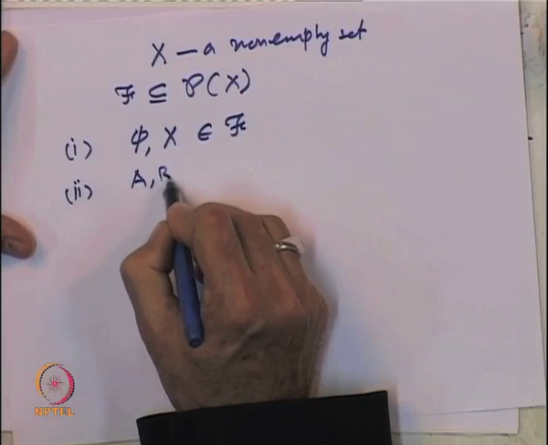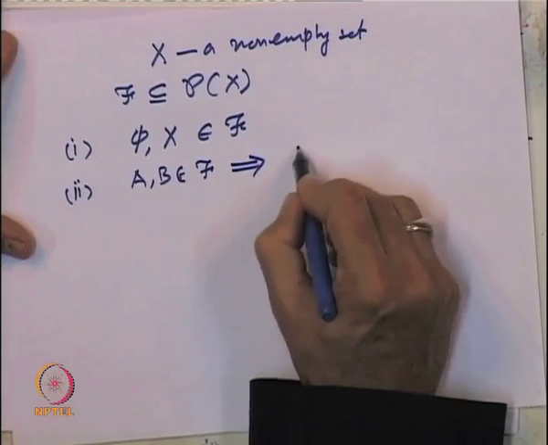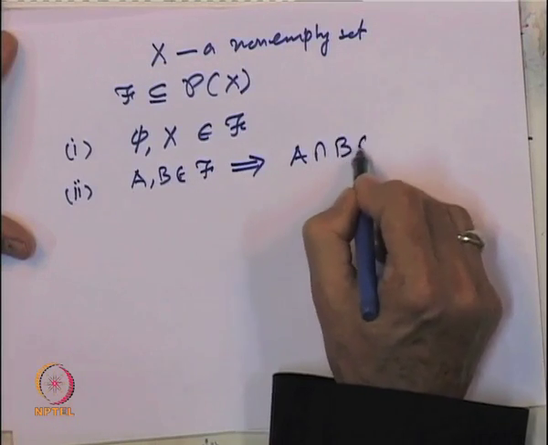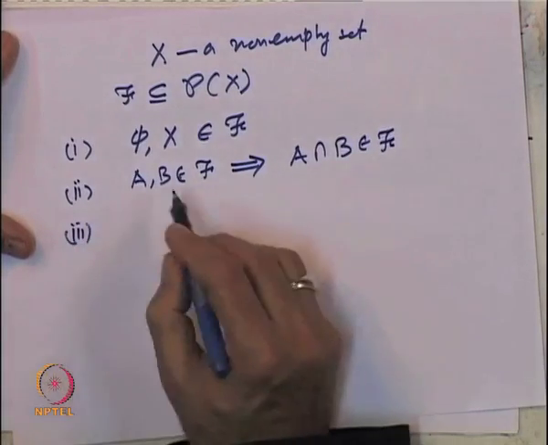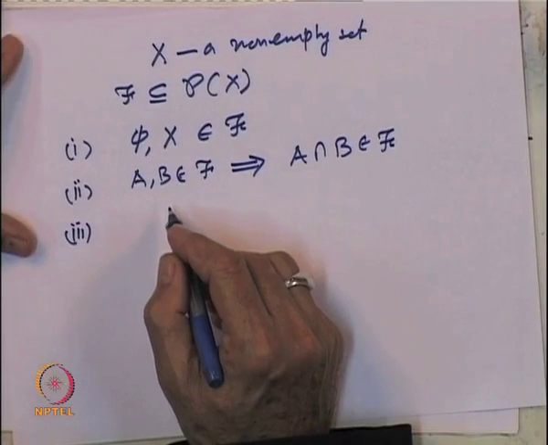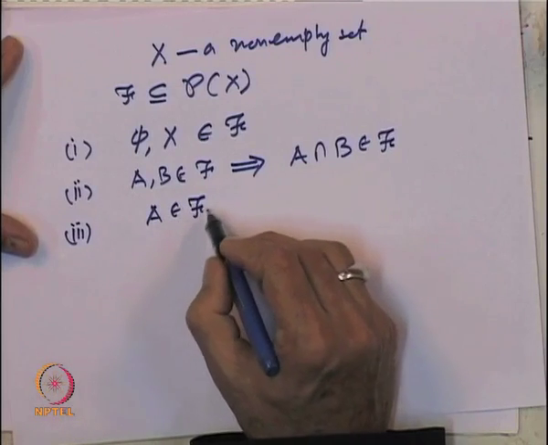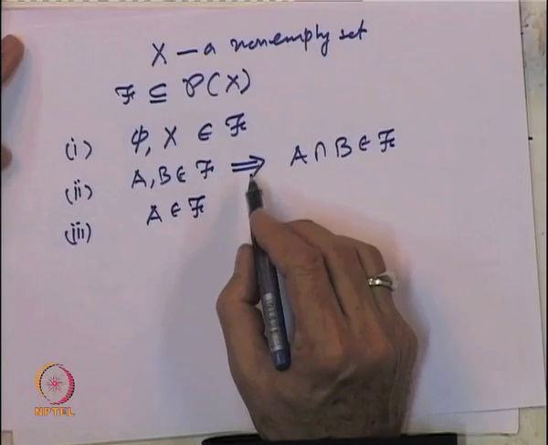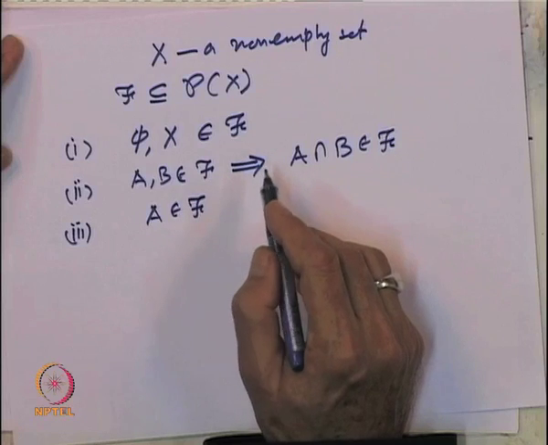If A and B belong to F, they are elements of F, then that implies their intersection also belongs to F. And of course, the third property: in the case of a semi-algebra, if I take an element in F, then its complement need not be in F, but we were able to represent it as a finite disjoint union of elements of that class.